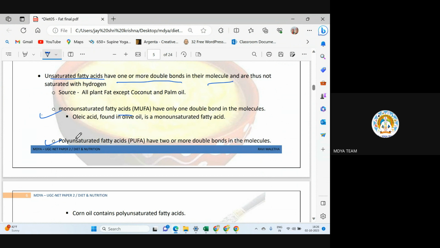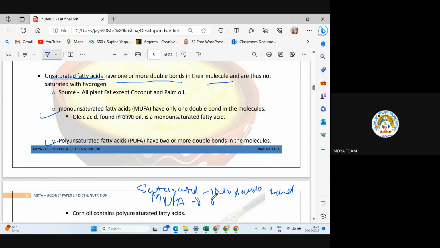Polyunsaturated. Poly means many. So polyunsaturated fatty acid means there will be many double bonds present in the molecule. Again, I am repeating: if a fatty acid is saturated, it means no double bond. If that is MUFA, monounsaturated fatty acid, then how many double bonds will be there?